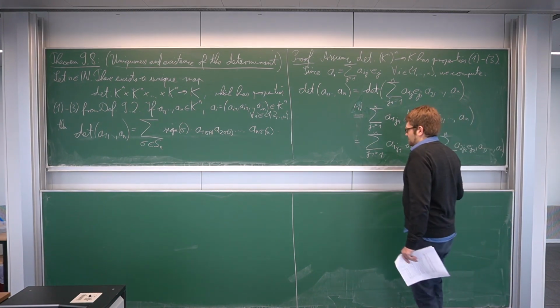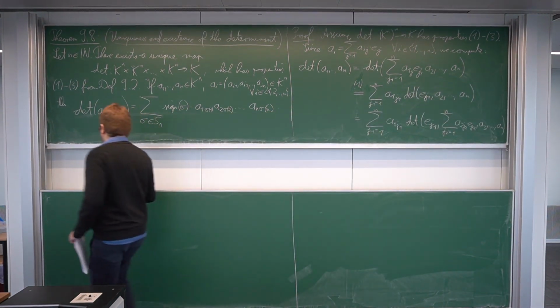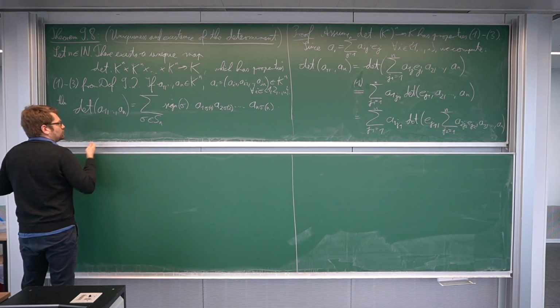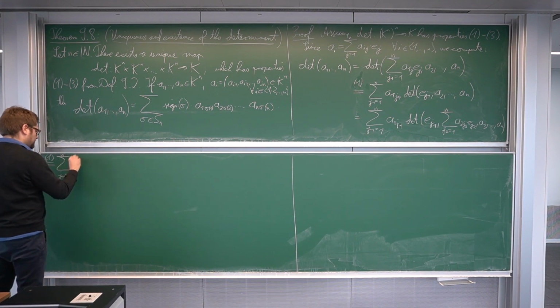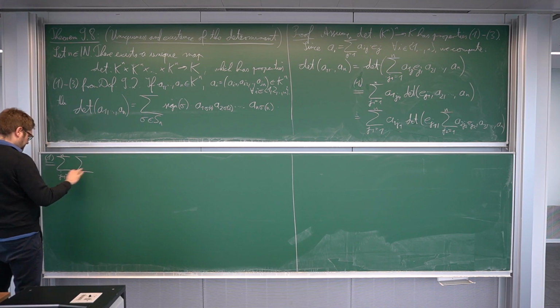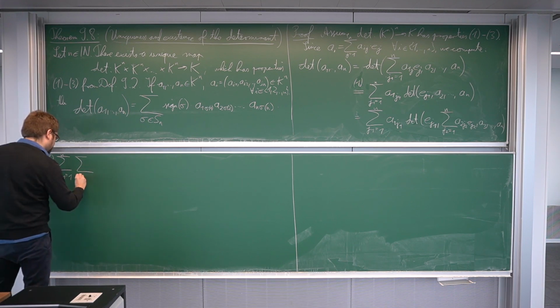And now by multilinearity again, we can do the same thing. By property 1, this is the sum over j1 equals 1 to n, and inside the sum we have another sum, and I can leave out the parentheses because it's finitely many, so the ordering doesn't matter. The sum over j2 equals 1 to n.